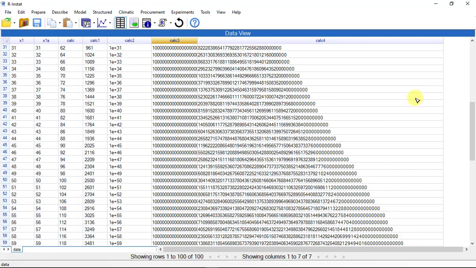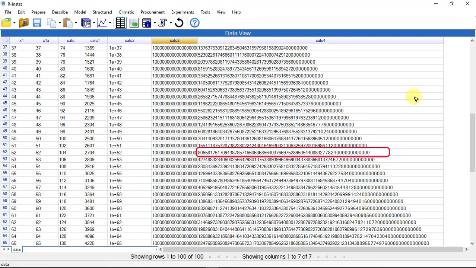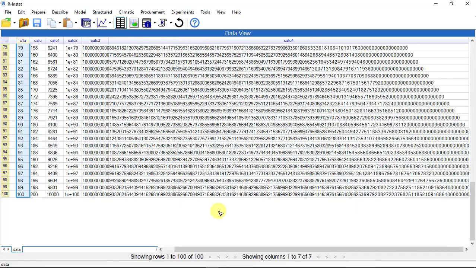The 52 cards can be ordered in 8 times 10 to the power of 67 ways. So that's close to the number of atoms in our galaxy. And the 81 cards for the game called Set can be arranged in 6 times 10 to the power of 120 ways. So that's considerably more than a Googol.